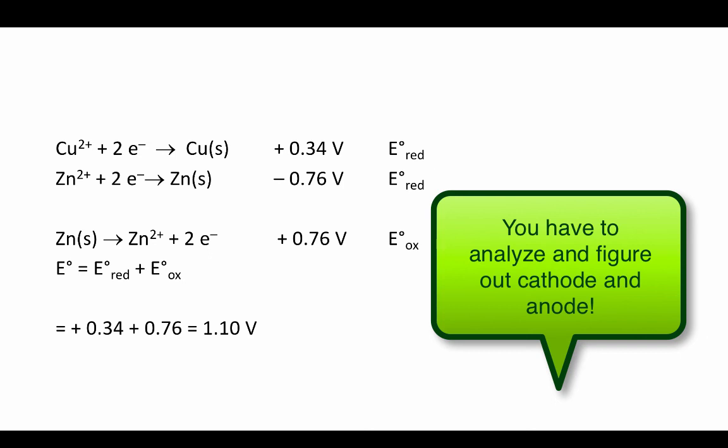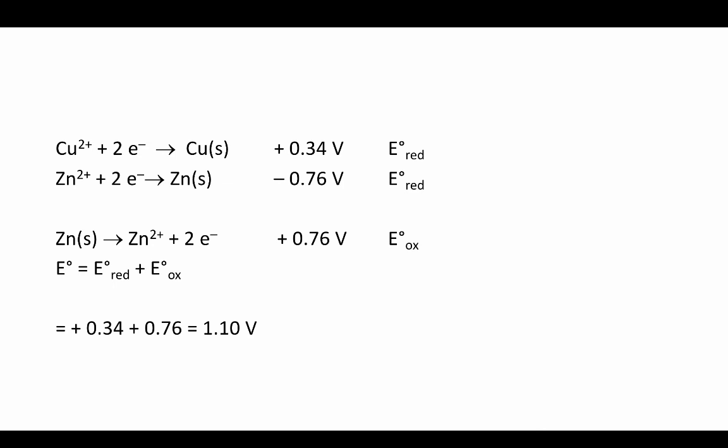So if we're using our other equation, I need my oxidation potential, which is the flipped sign of the reduction potential. From there, I merely add the two values together, and you'll notice I get the exact same number. I know that this seems confusing because they're two very similar equations, yet they're different.